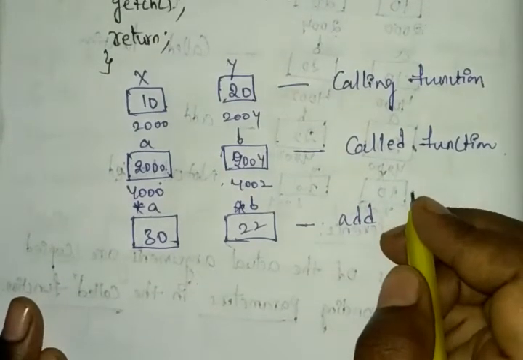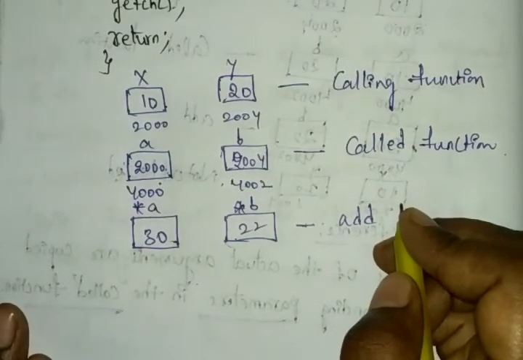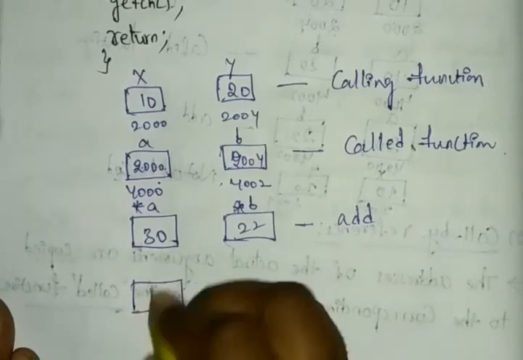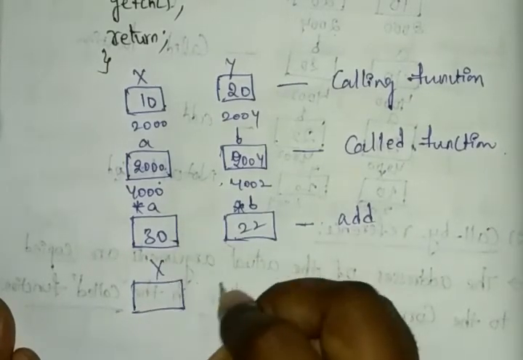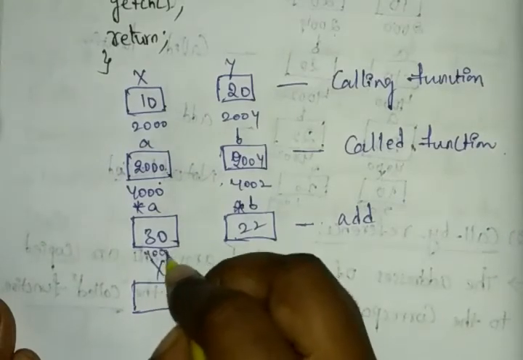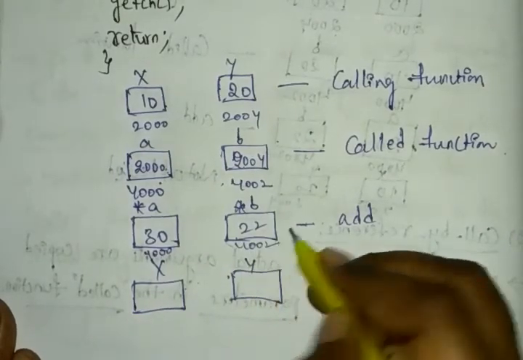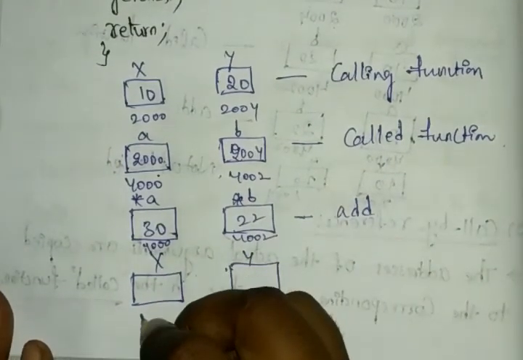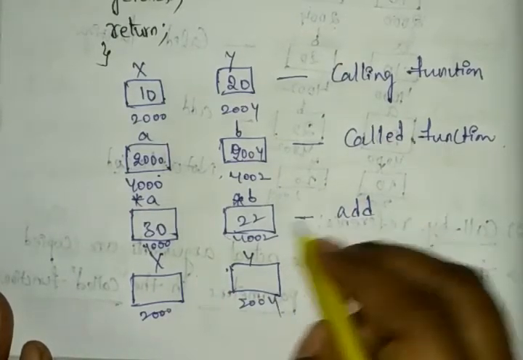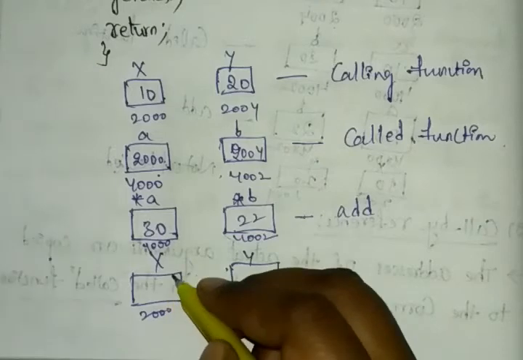And next, whatever you performed here, the values also change in our calling function. So in the calling function we have X and Y. This is 4000 and this is 4002, and you can see here 2000 and 2004. The X value is normally 10, right?